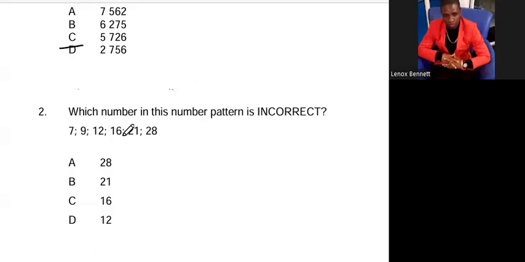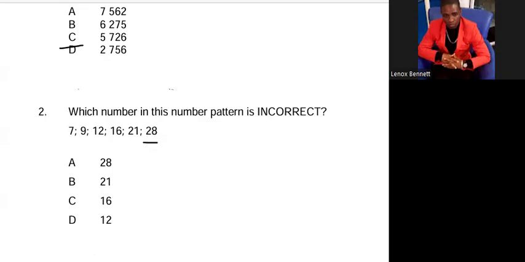They added 4 here. They added 5 here. So based on the pattern, they should add 6 here. So I would say this is incorrect based on the pattern. Each time they add 1 to the previous number that they added. So they add 2, then they add 3, then they add 4, 5. So this should be 6. So this should actually be 27.